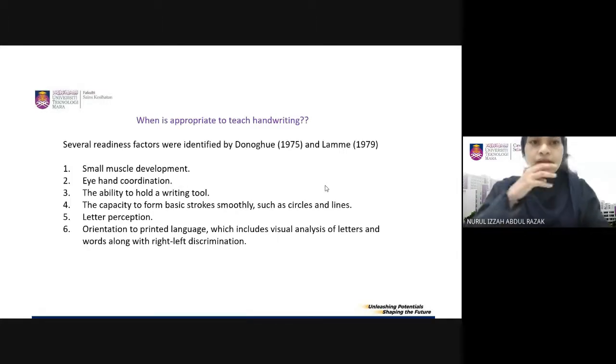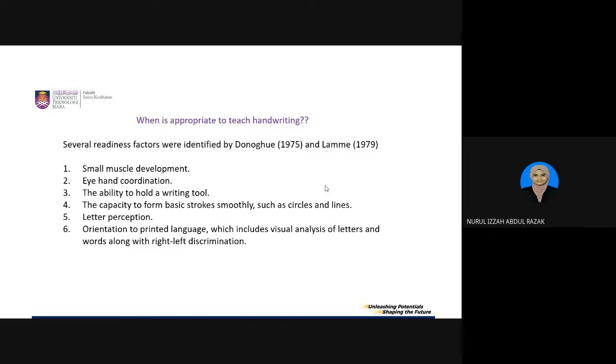Okay, when is appropriate to teach handwriting? There are several readiness factors identified by researchers. The first one is the small muscle development. The small muscle development will help the child to use their fine motor skill effectively.